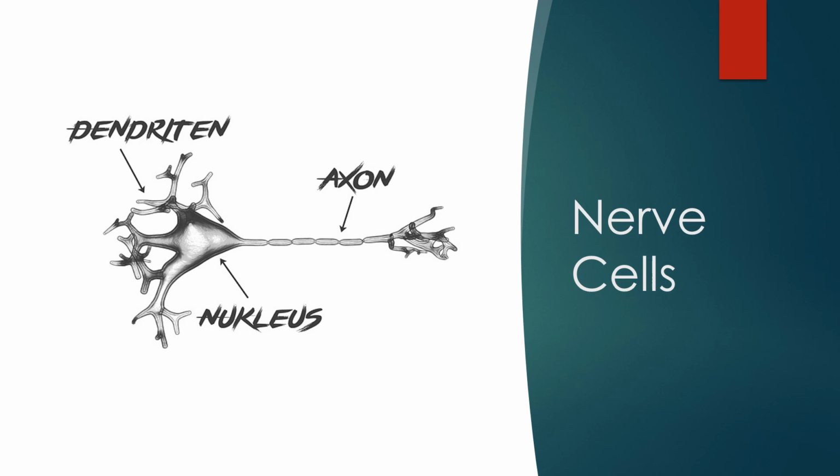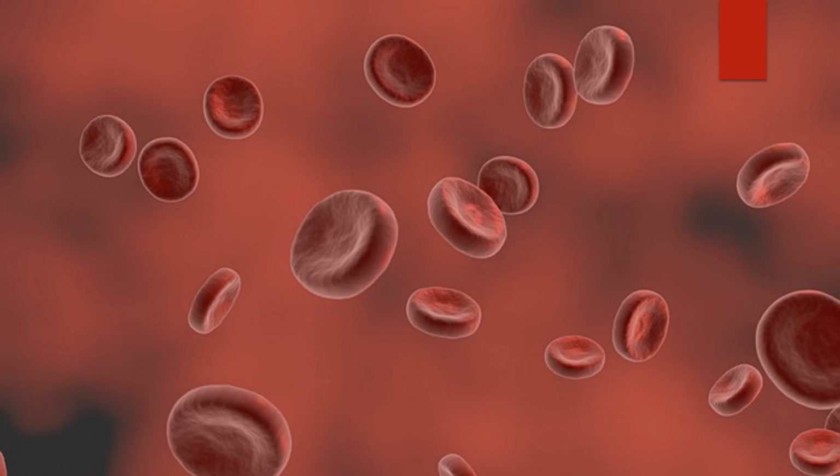Nerve cells transmit information. Red blood cells are void of a nucleus and therefore able to carry a lot more oxygen than if they had one. Fat cells have the ability to swell up and store lipid.